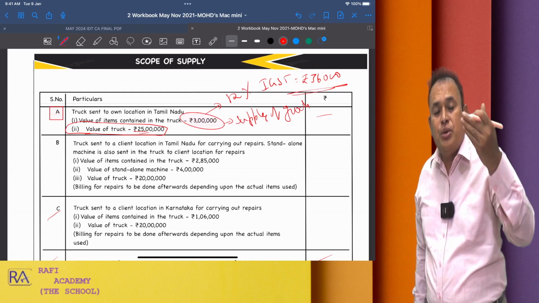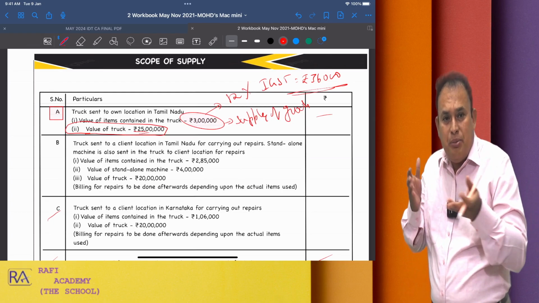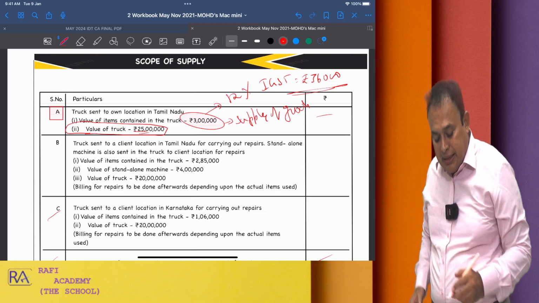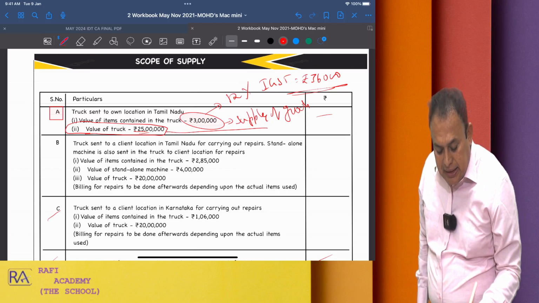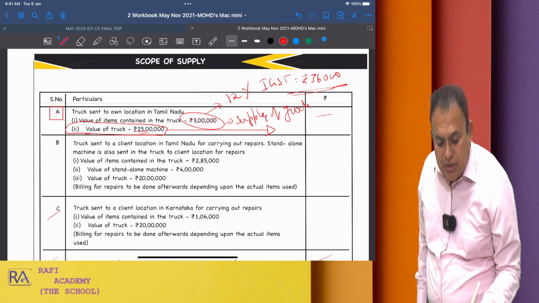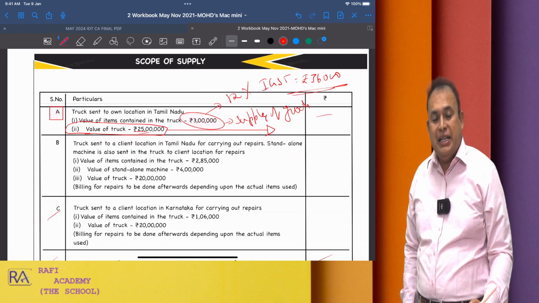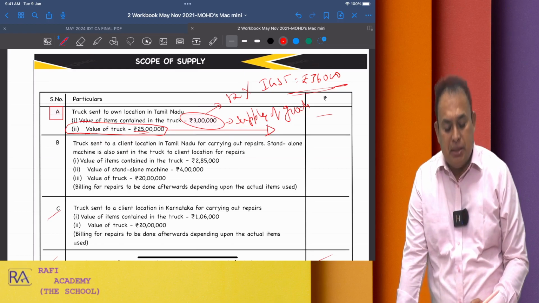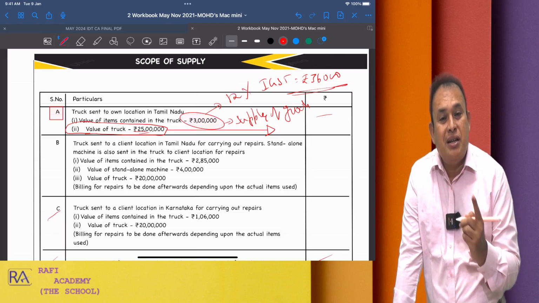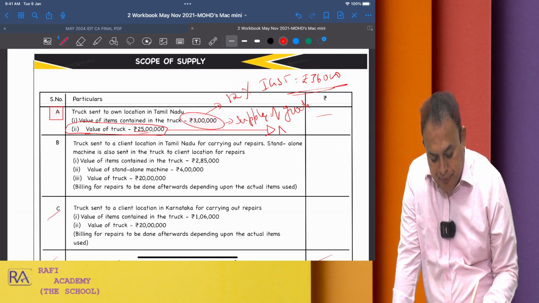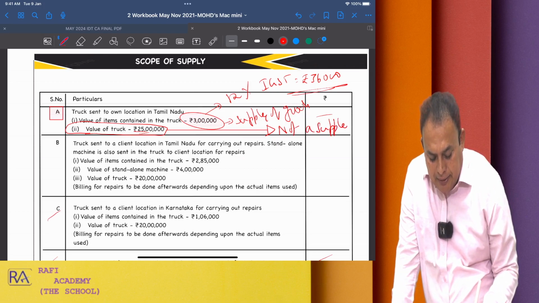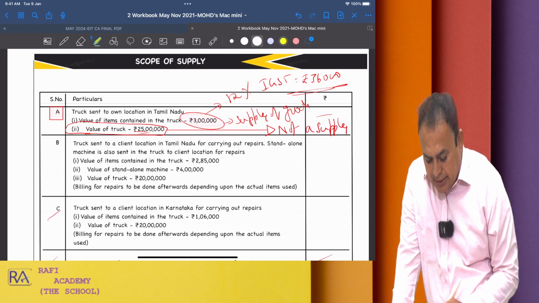After delivering the goods there, the vehicle will return to the head office. In that case, this is interstate movement of vehicle between distinct persons, neither supply of goods nor supply of services. Therefore, it is not a supply.